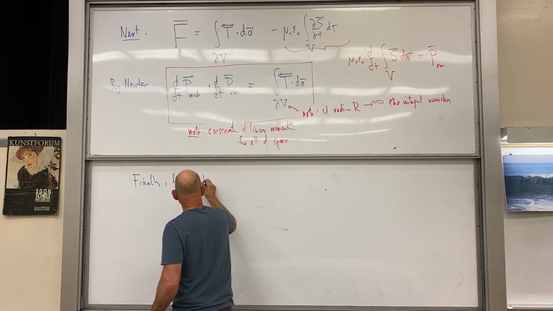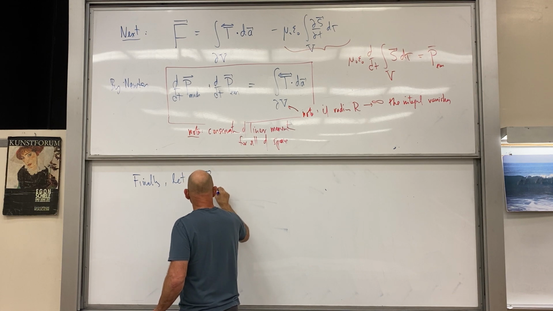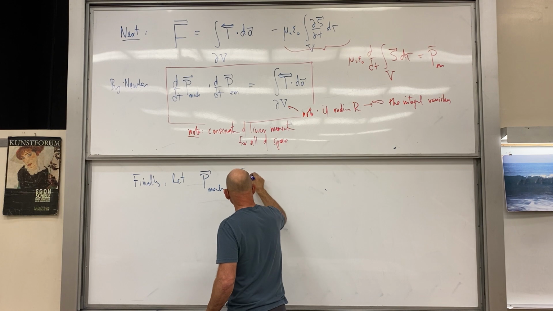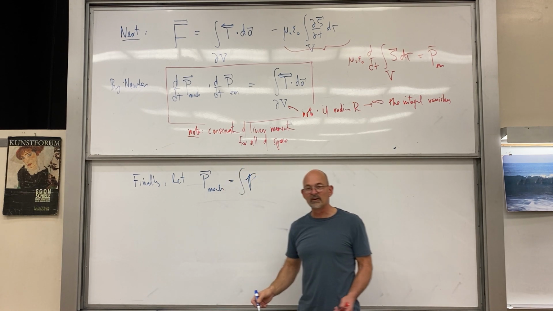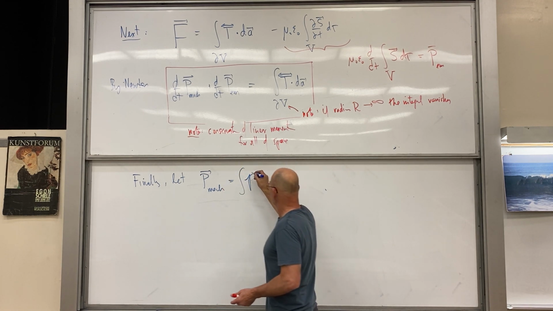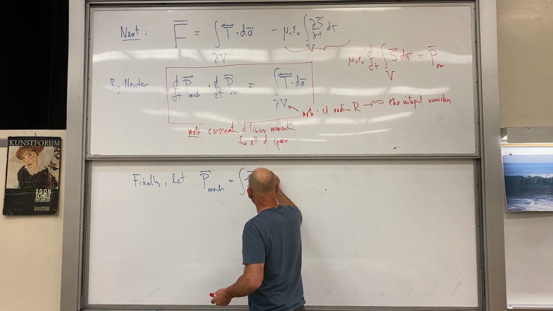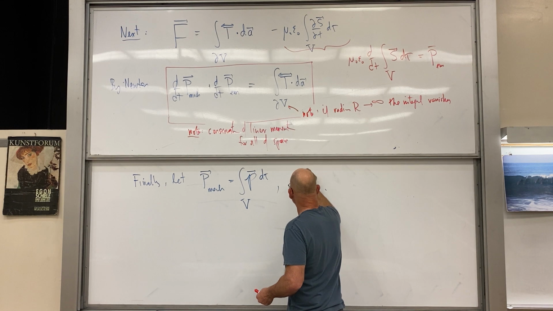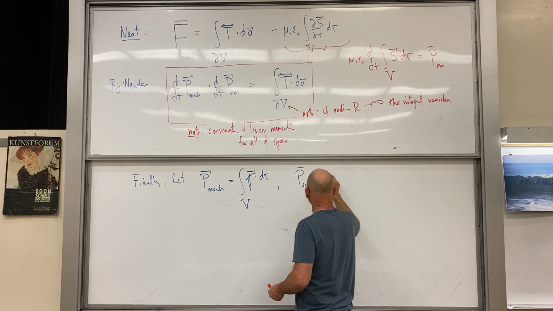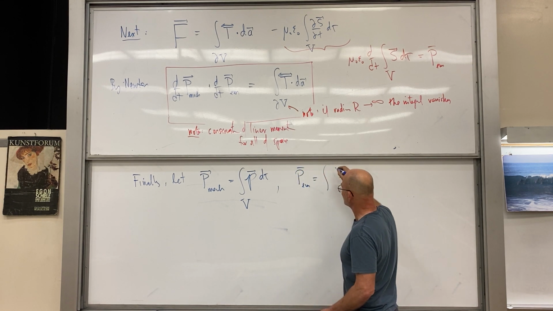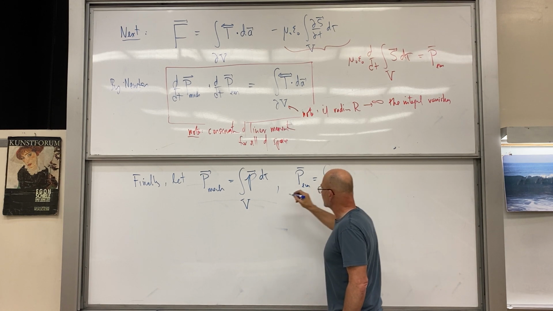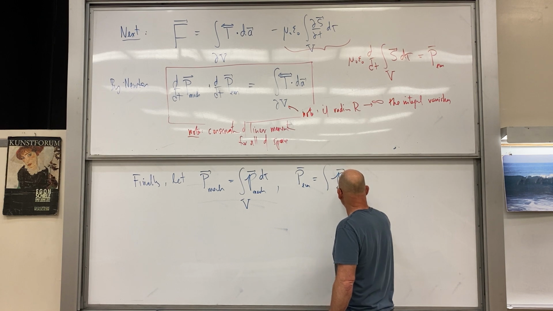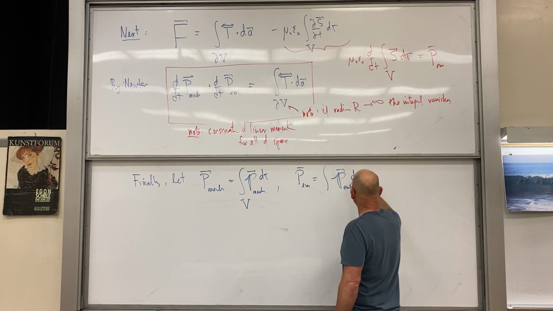let P mechanical equal integral. The book just uses some cursive P instead of, d tau over volume. Same with the electromagnetic. P electromagnetic equal integral of cursive p electromagnetic d tau.